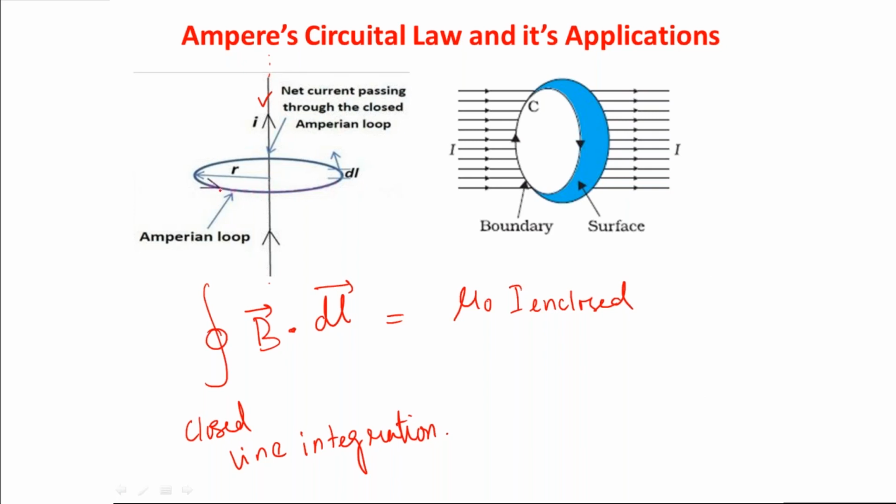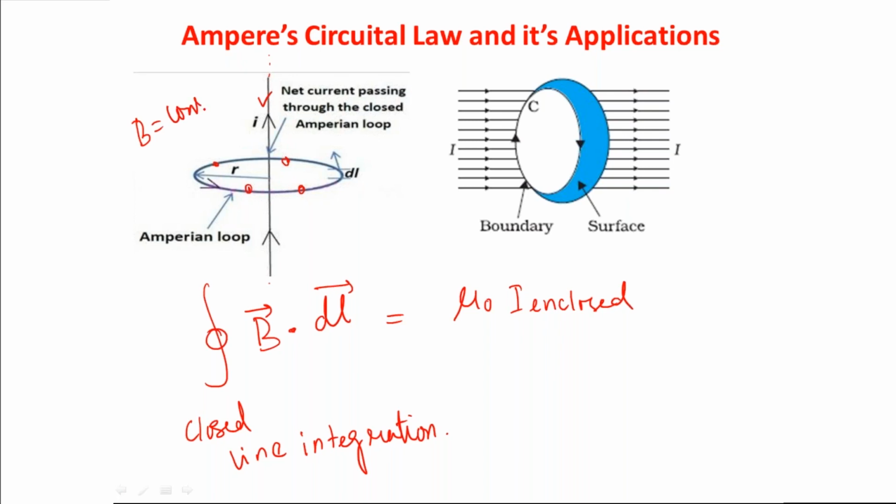So in this case also, when we talk about a straight line, we can talk about cylindrical symmetry. And according to cylindrical symmetry, the magnetic field at distance r, if I take this whole loop, will be constant, having a constant value over this loop.